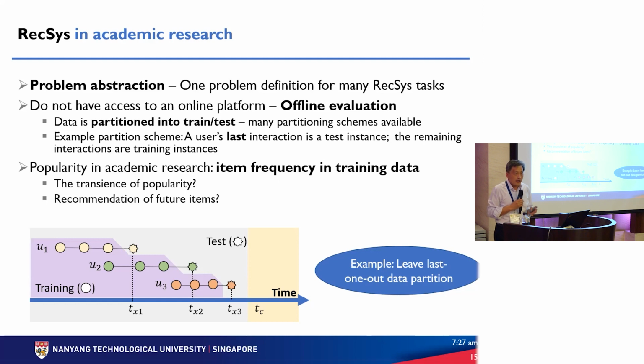To do offline evaluation, you need to partition the data into train and test, right? How do we partition? This is one of the typical ways of partitioning, leave-last-one-out, right? I have all the user's interactions; except the last one is training, the last one is test. So I have your history, I try to predict this, okay? Similar for this one, I have your history, I try to predict this one.